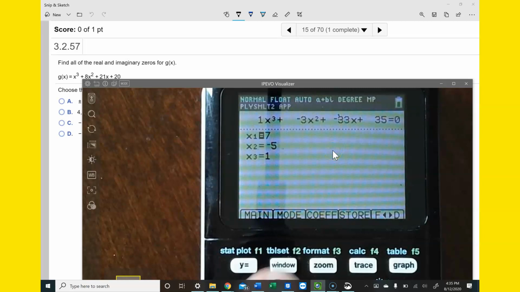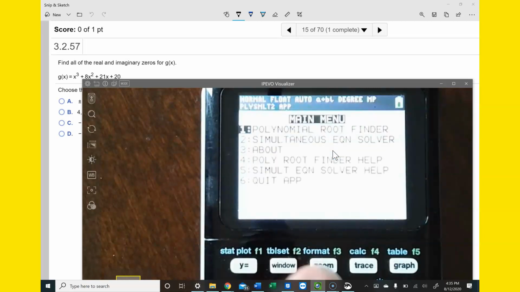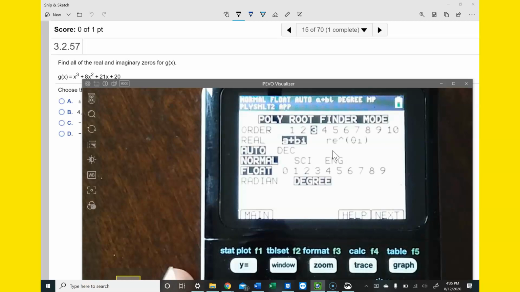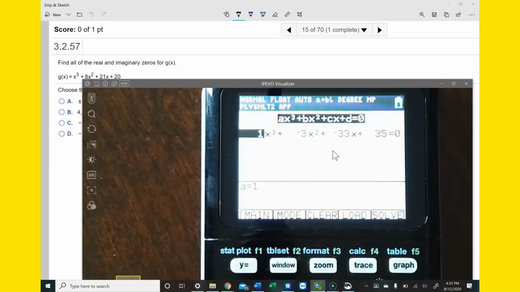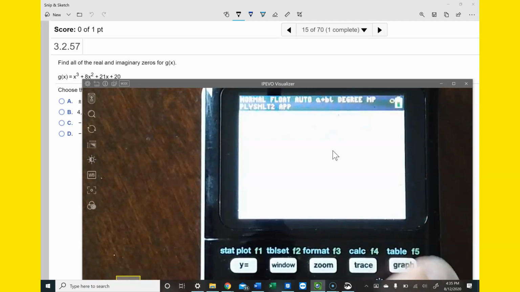All right, I go back to main so that I can start over, Polynomial Root Finder. All that looks good. All right, this time it's 1, enter, 8, enter, 21, enter, 20, enter. And I hit solve.